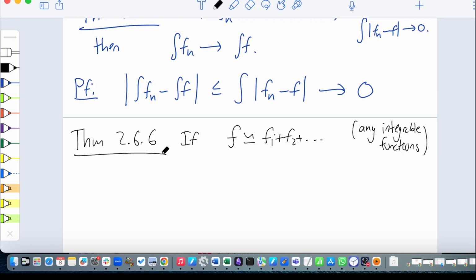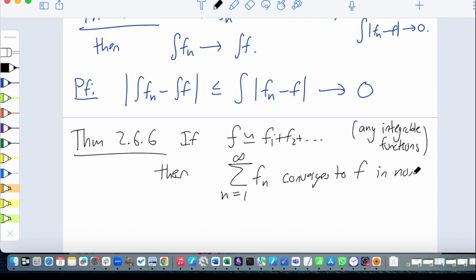And so last time we had part A and part B, and now I'm telling you that it implies that the sum of n equals 1 to infinity of fn converges to f in norm, right? So kind of this special equal sign that we've been floating around for so long. We had to use it to define the norm, but now that we've defined the norm, it really implies convergence in norm. So great.